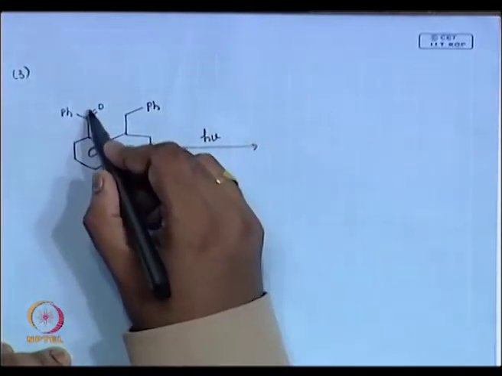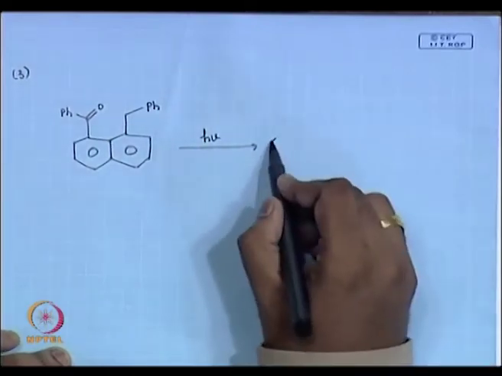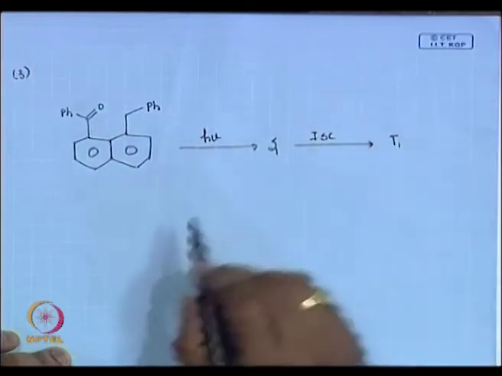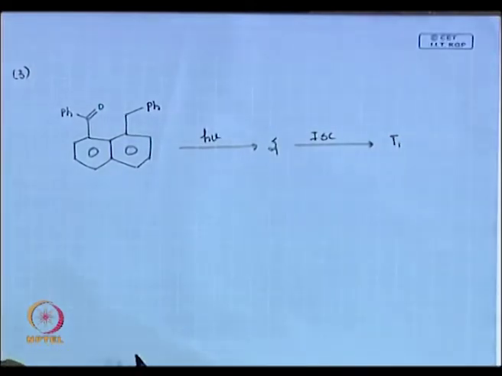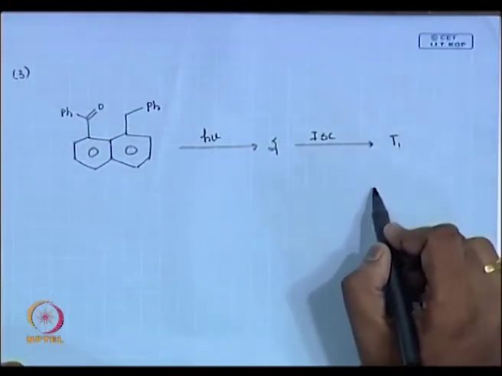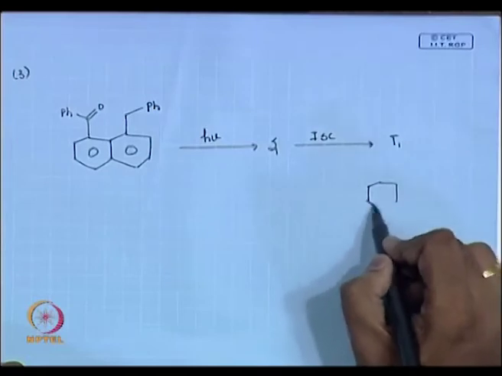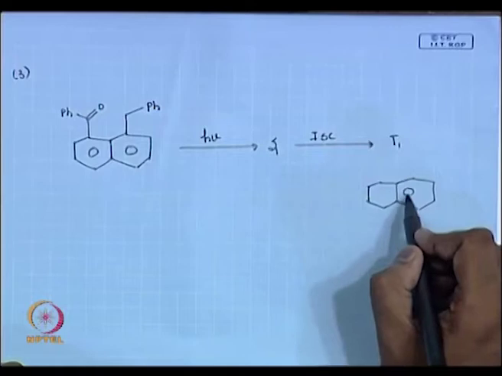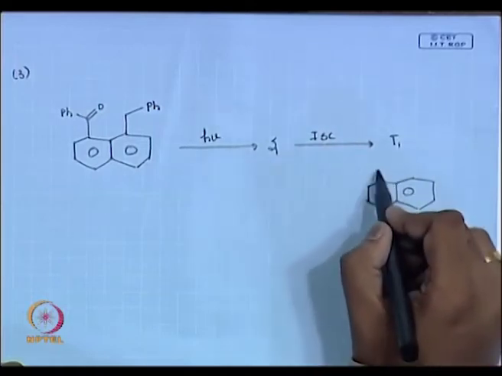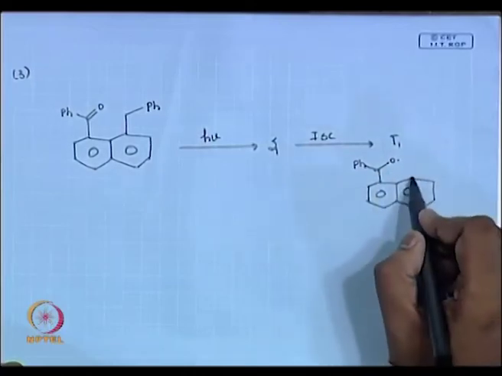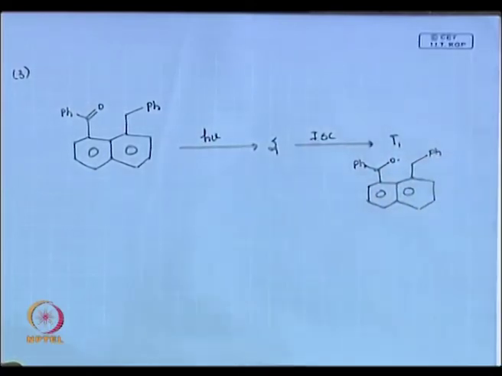So, again it is an aromatic type of ketone, okay, you know that it can go S1, intersystem crossing. Nothing wrong in writing this, S1 to T1 intersystem crossing. So, what radical then, it is T1. So, I can get a system like this, right, my T1 should be like this.